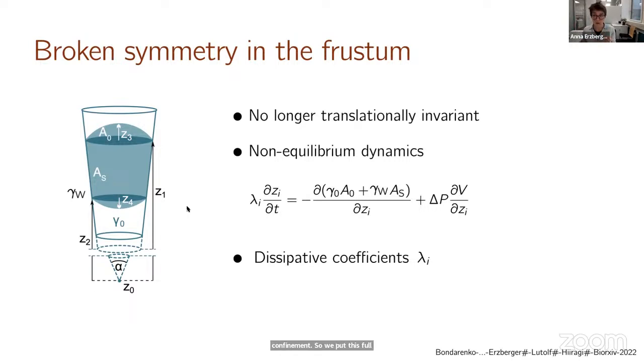Then we are no longer translationally invariant, and we have 4 degrees of freedom that describe the shape of the embryo. We are assuming that the free surfaces relax to near spherical shapes. So the idea is that that changes faster than the contact lines. And then we have the 4 degrees of freedom, which are the heights of the caps and the positions of the 2 contact lines. We also relax the assumption of equilibrium.